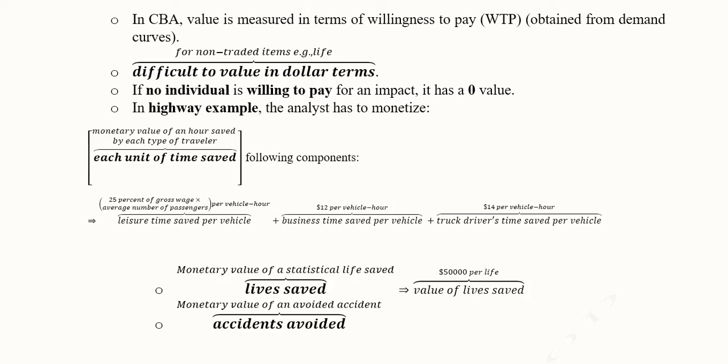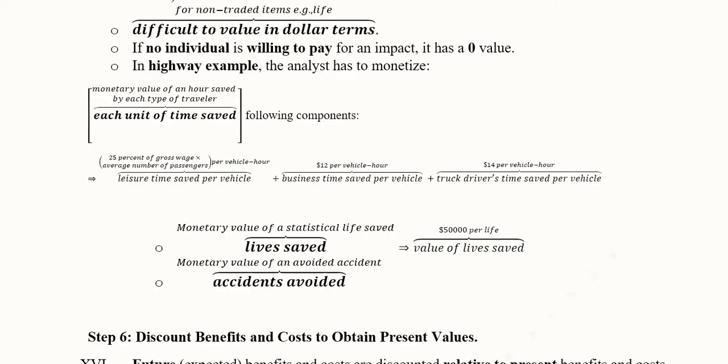So in this way we can get the leisure time saved per vehicle, and the business time saved per vehicle is already calculated, the details of which are not given here, and the truck driver's time is also calculated by using a certain formula. If we gather all these three time values, then we can get the time saved monetary value.